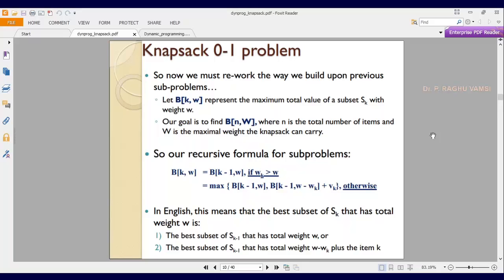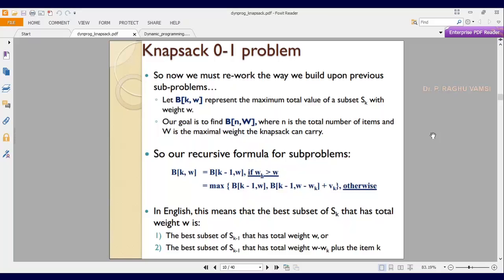So our recursive formula for the subproblem is like this. Please make note of this recursive formula, because during the further explanation of this problem, this formula is very important because we are going to make the decisions based on it. It is a very simple formula.